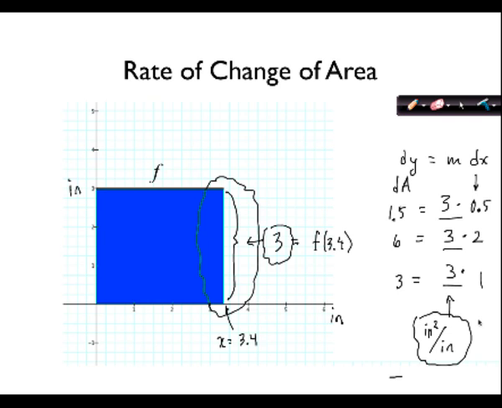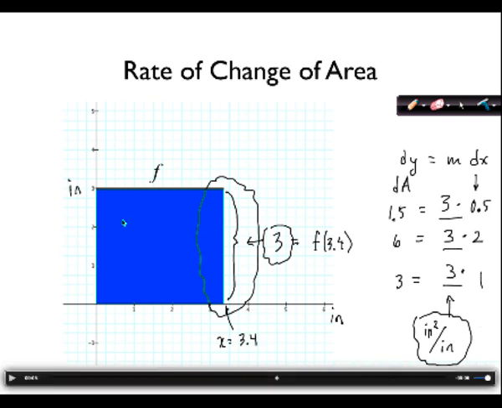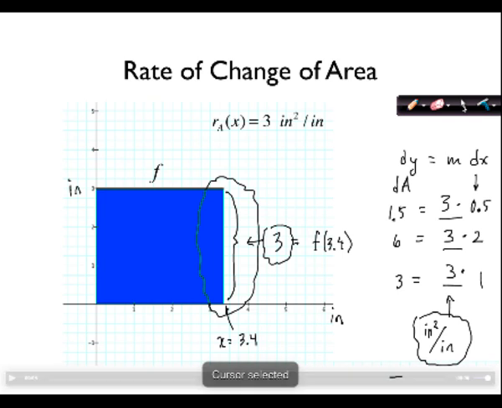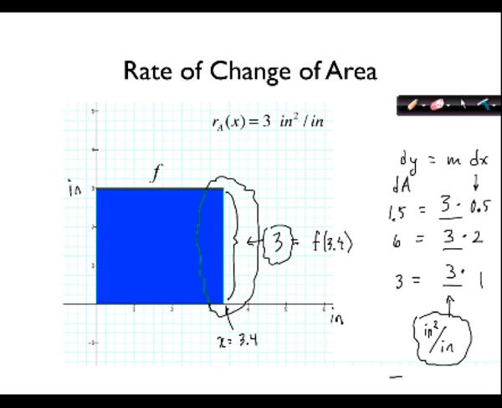So what did we see? We saw that the rate of change of this blue region is 3, which is the value of the function at the right-hand side, or at the current value of x. So the rate of change of area is 3 inches squared per inch. But that's also the value of the function, which is in inches. The rate of change is in inches squared per inch.